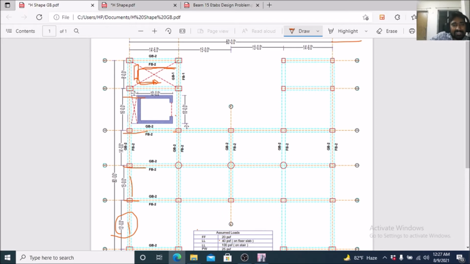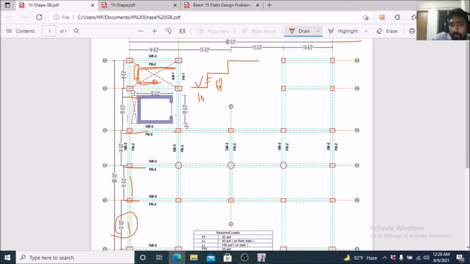So the stair consists of rise and tread. The tread should be 10 inch, and the rise should be 6 inch. In ETABS software we cannot construct or build rise and tread, so it is considered as a slab, named stair slab or waist slab.